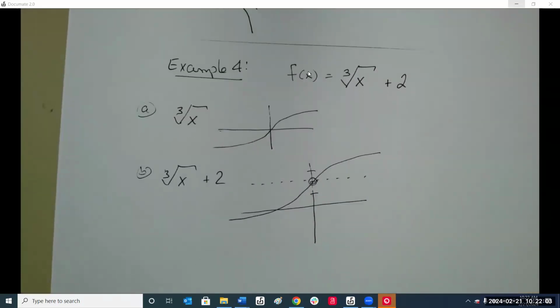It's just when you do this for homework, you have to plot some points so you get some accurate coordinates. But I'm just showing you where the origin shifts to. Okay, let's combine those two.